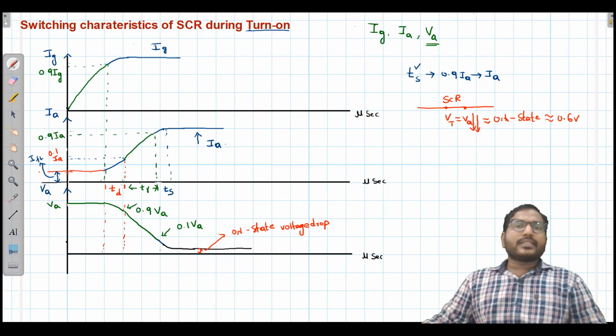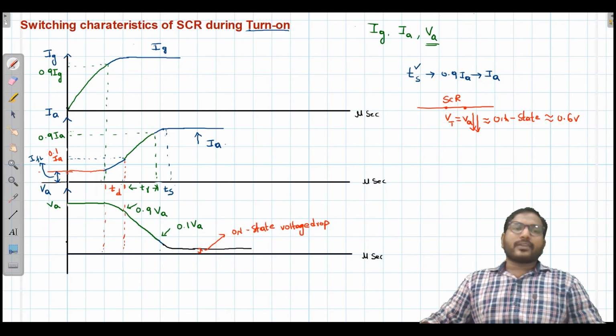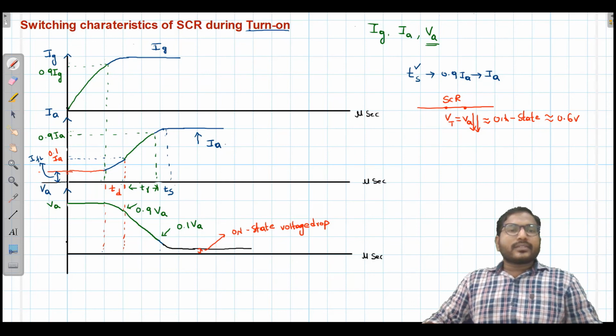This is about dynamic characteristics or switching characteristics of SCR during turn on. So here T on is divided.